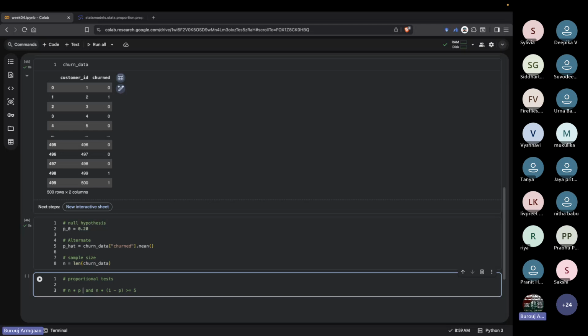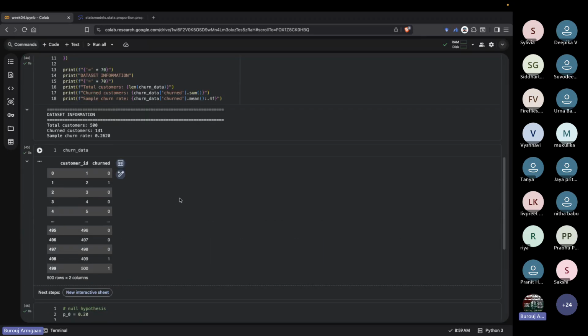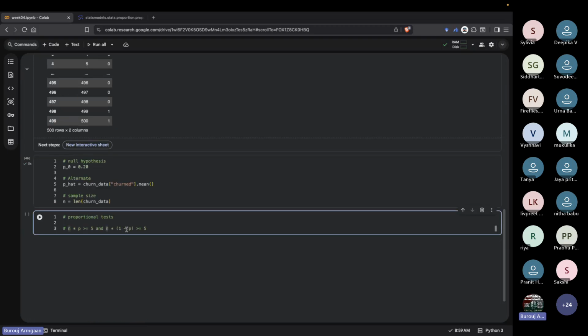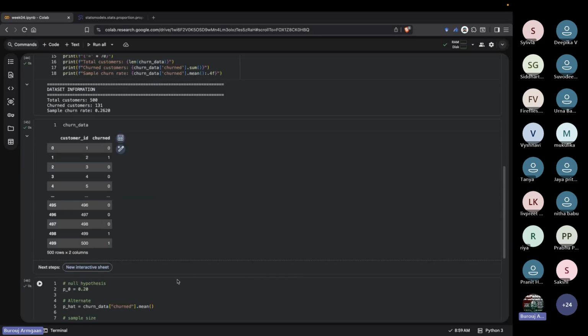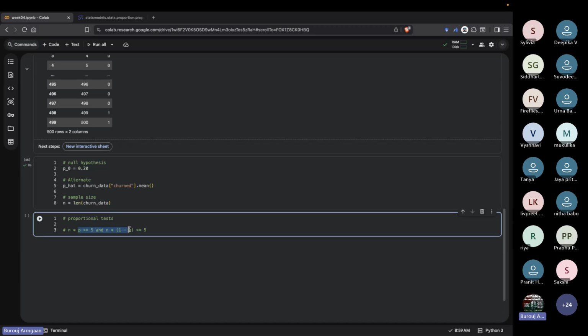What happens is, when your n is quite large or your p has certain values, the binomial distribution converges to a normal distribution that allows you to do these particular tests. If your n is small or your probabilities are very shaky, like one is quite large and the other is quite small, then it is not a good approximation of this distribution, and therefore you cannot apply this particular test. For example, in this case, we'll apply the z-test. That won't be feasible if this assumption does not hold.